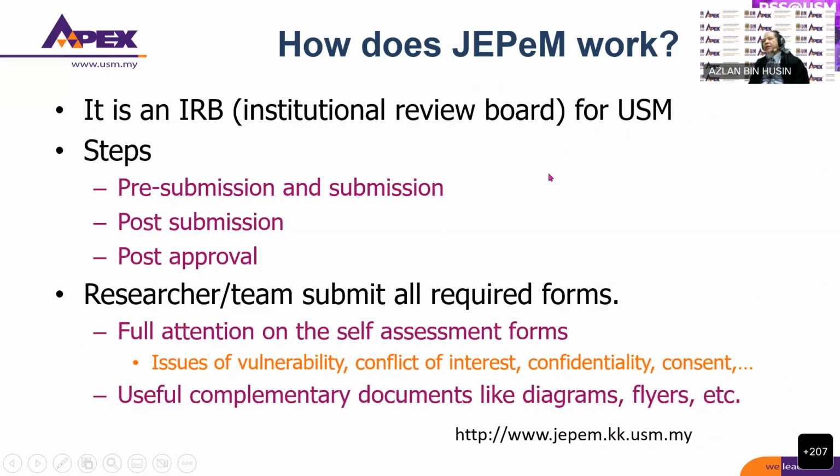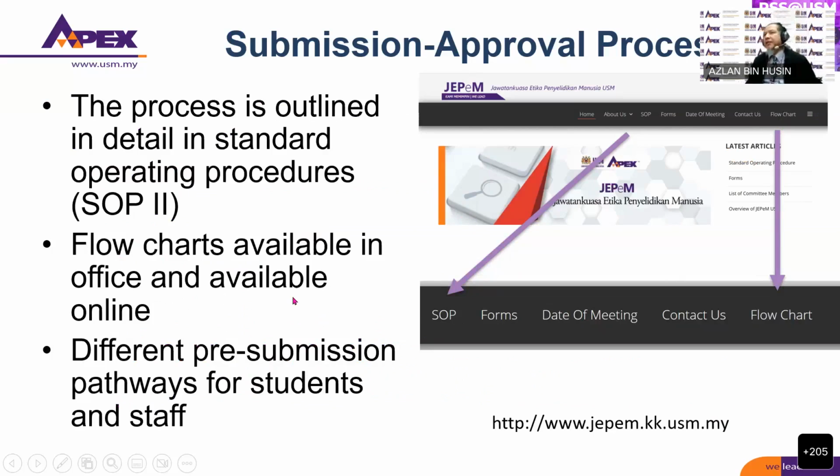And as a supervisor, we need to guide our students to pay full attention to certain forms. Supporting documents like diagrams and flyers are also required to be submitted when the student or you yourself submit the project. So this is roughly the idea of submission, approval, process and steps.